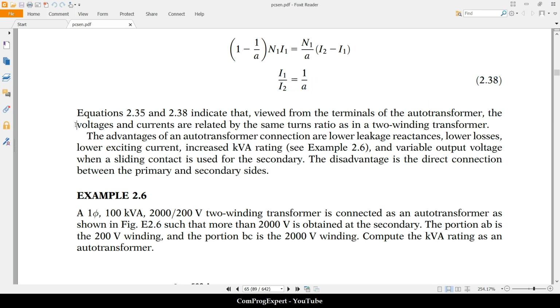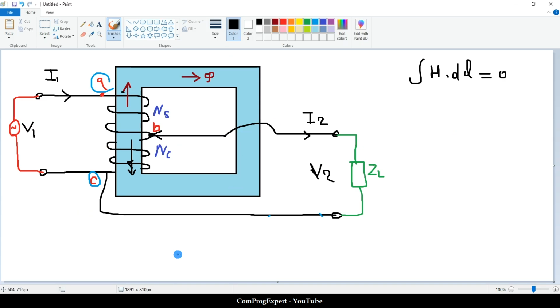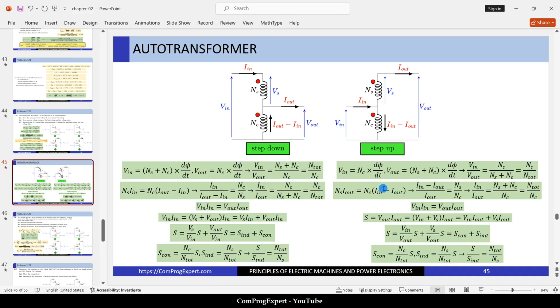The voltage and currents are related by the same turns ratio as in a two-winding transformer. This is the case for both step-down and step-up autotransformers. You can justify this equation.